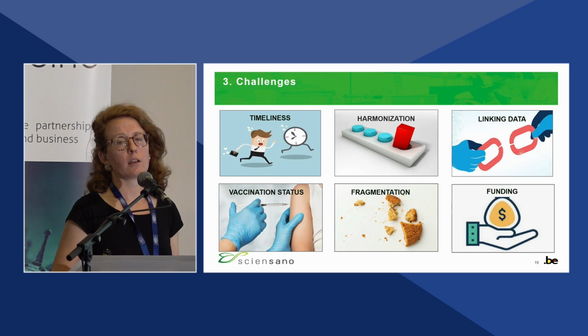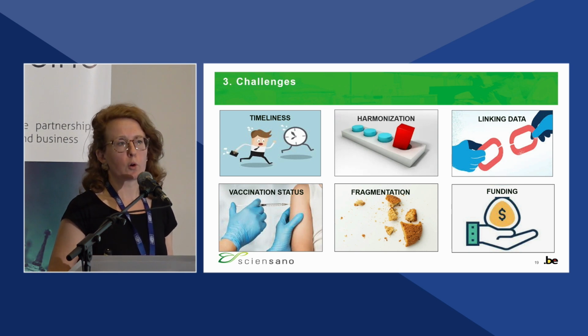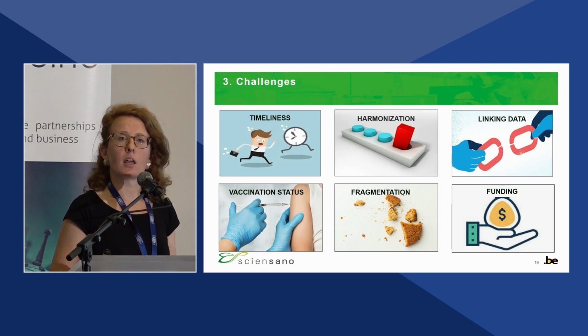And finally, funding. With COVID, there was, of course, a lot of attention on all this real-world evidence and data and surveillance, and a lot of things have been done, and I think I'm quite proud of what we achieved in Belgium, but it definitely came at a cost.